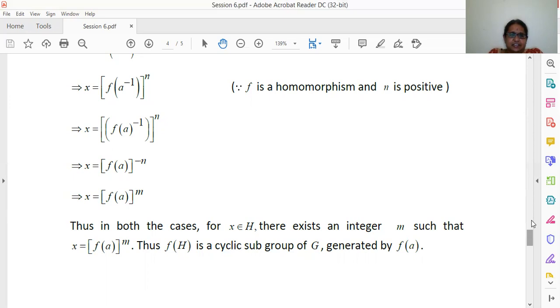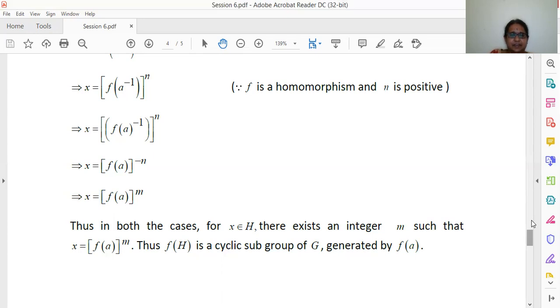So here, sometimes the domain and codomain will be the same set with the same binary operation. Sometimes the domain and codomain will be the same set with different binary operations, and sometimes both the sets may be different, with the same binary operation, or both the sets may be different with different binary operations, that is, either multiplication or addition.